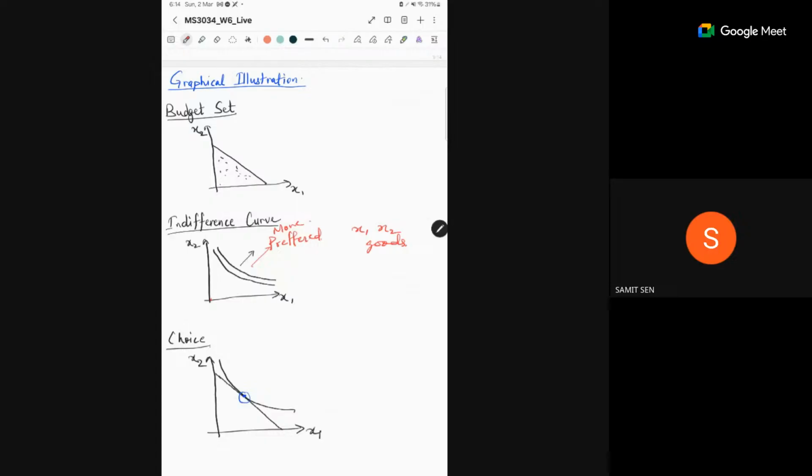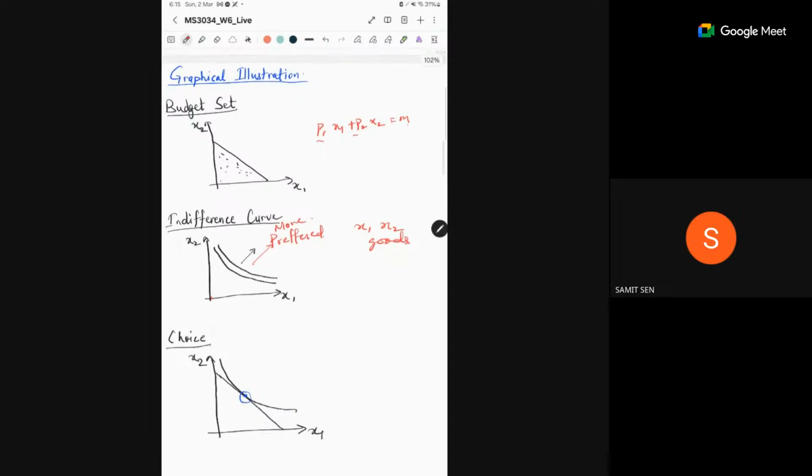Your budget is P1 X1 plus P2 X2, and your budget line would be equal to M. M is your income. Your income is fixed. These prices you know, and in the X1 X2 plane this will be a straight line that is fixed. So you have this fixed line.